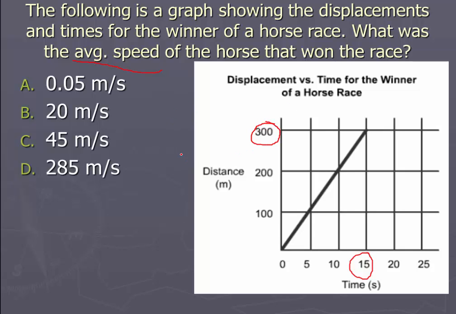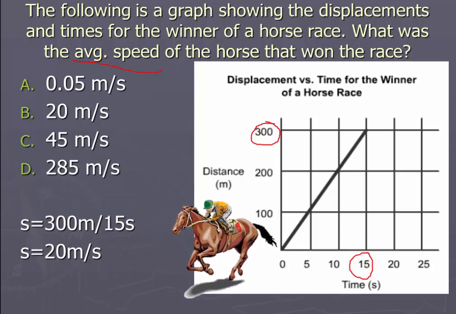So you go 300 divided by 15. And that's going to give you your 20 meters per second. So that's going to be B. What I did here is I went at our end time, which is 15 seconds, came up here and saw where the line crossed, and went over and grabbed that 300.